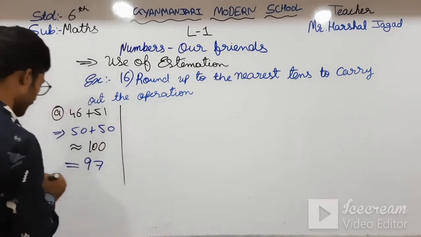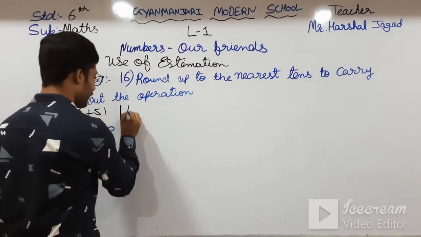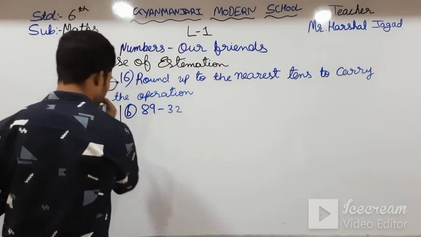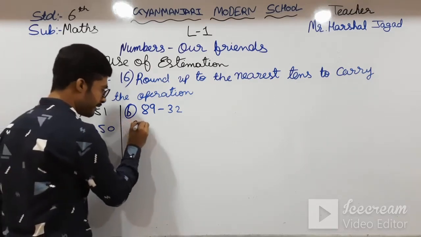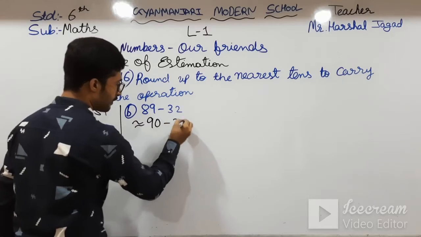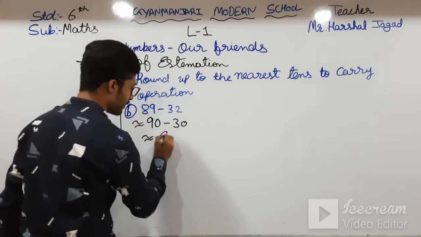Here the second example is B, that is 89 minus 32. What will you do in this? We can approximately write this as 90 minus 30. The approximate answer is 60.